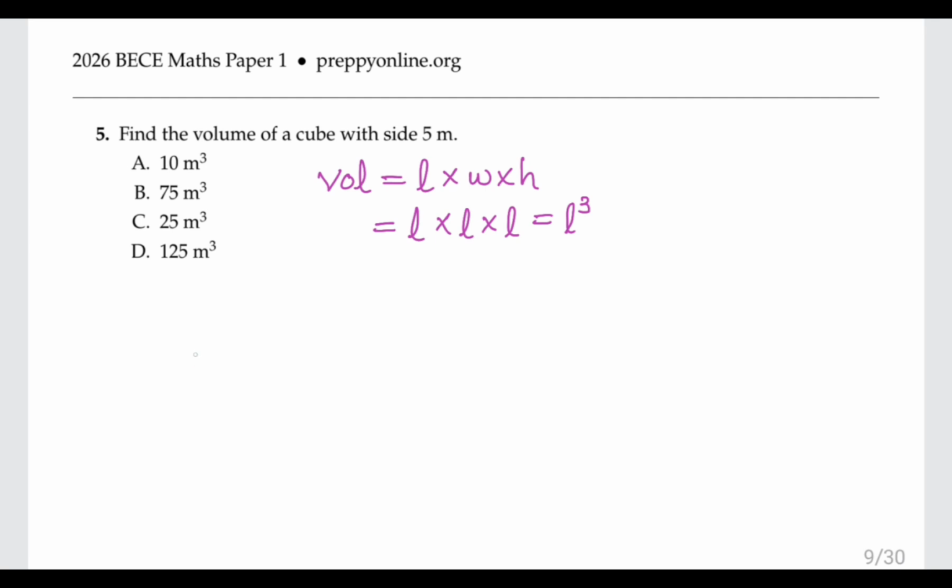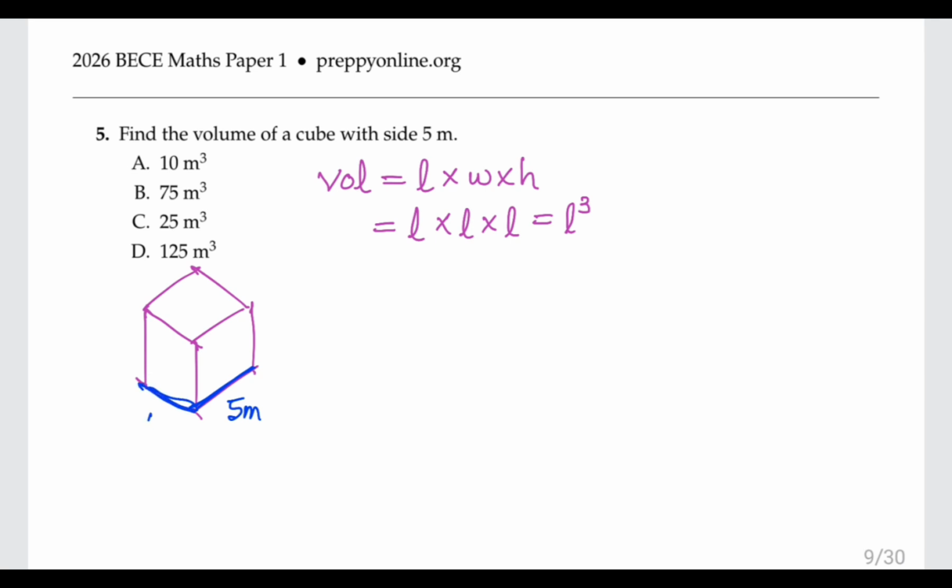So let me just sketch a cube so that we see better what we are talking about. So we have this, then we have that. This is the figure. So if we are told that the length, let's call this the length, is 5 meters, and let's call this the width.